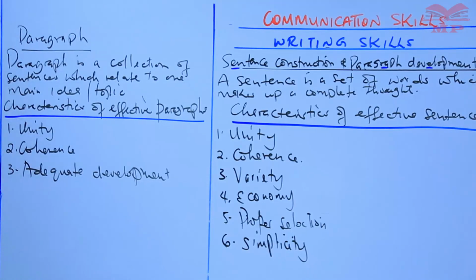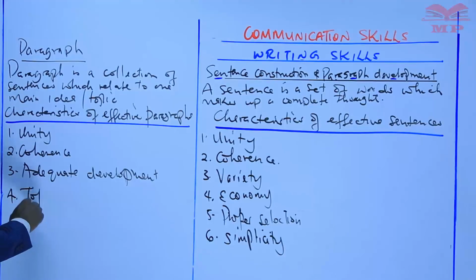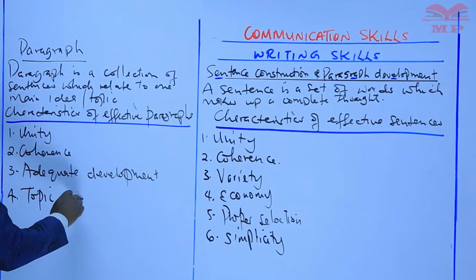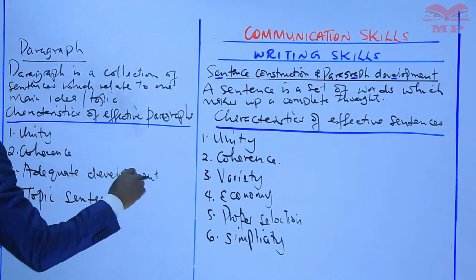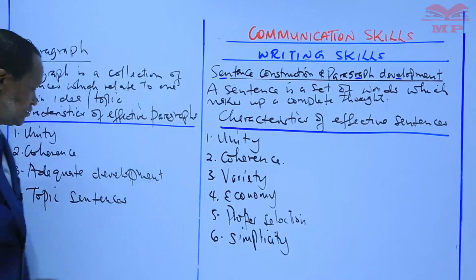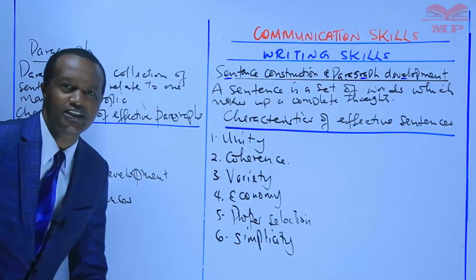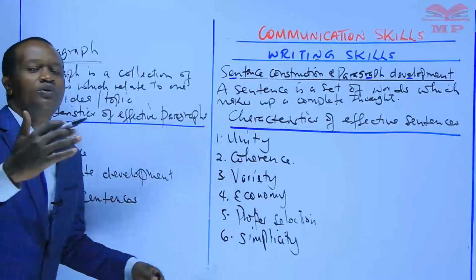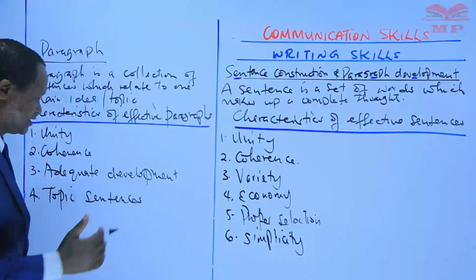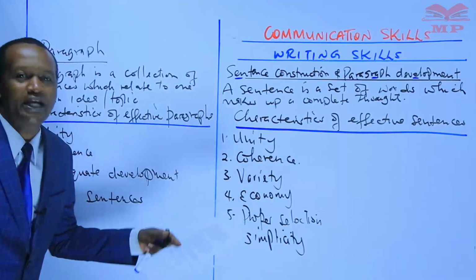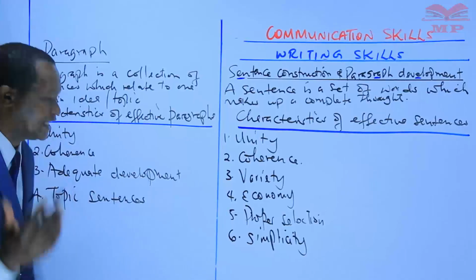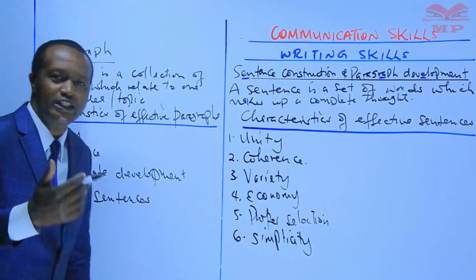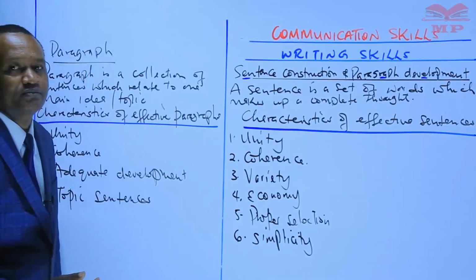Now we move on to the fourth characteristic of effective paragraphs. Number 4, topic sentences. Candidates, beginning a paragraph with a topic sentence is one of the best ways to achieve clarity and unity in one's writing.